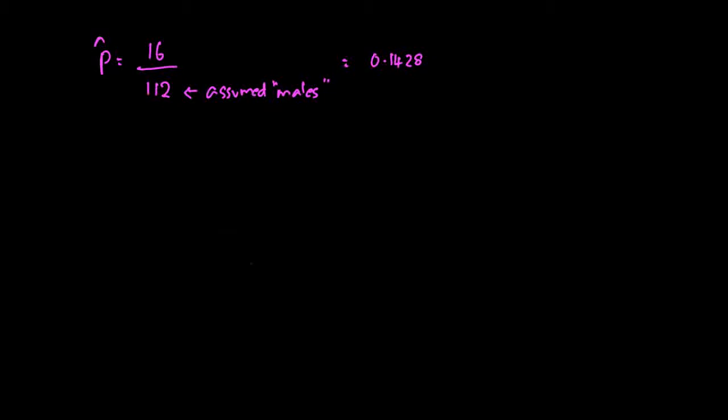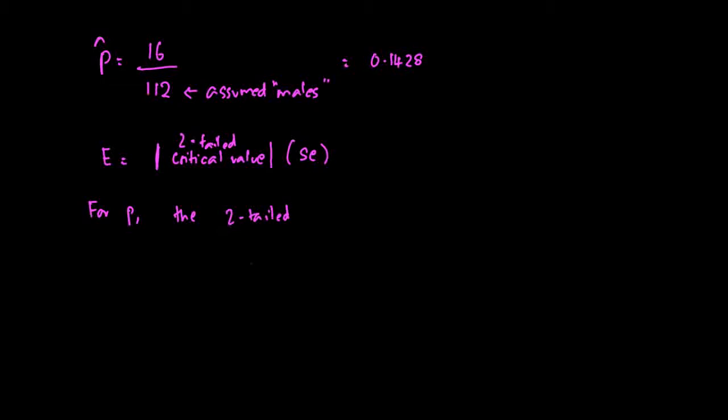The next step is to find the margin of error. The margin of error is a product of two things: the absolute value of the critical value, and more specifically it has to be a two-tailed critical value, times the standard error. If you're trying to find an interval for the population proportion, so for P, the two-tailed critical value is obtained from a standard normal distribution.